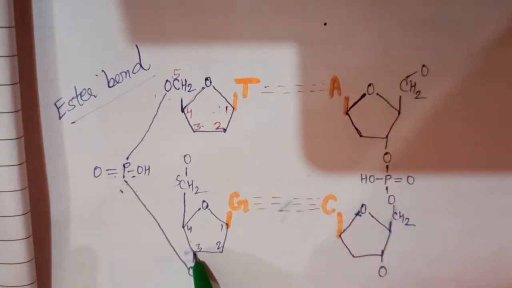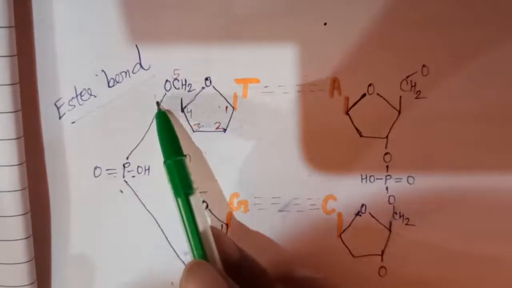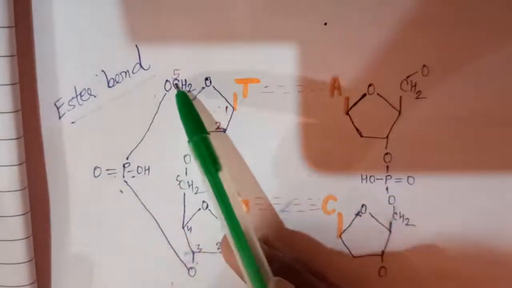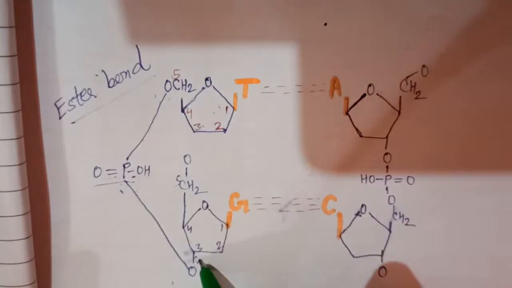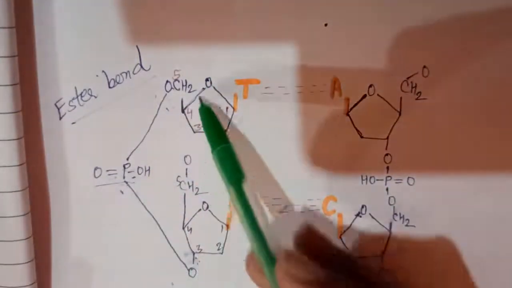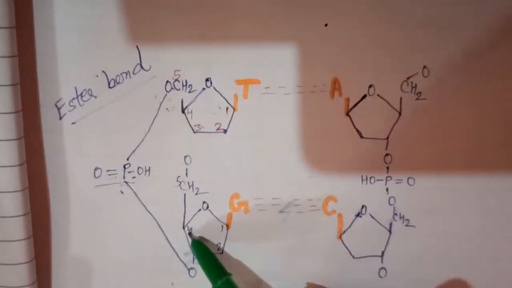Okay, so it is linking the 3rd carbon of one sugar of one nucleotide to the 5th carbon of another sugar of the succeeding nucleotide, you can say. Okay, so this phosphate moiety is linked with the 3rd carbon of one sugar and 5th carbon of another sugar, and like these two polynucleotide chains will get attached with each other to form a nucleoside.